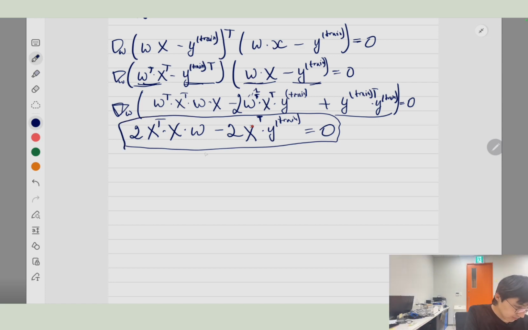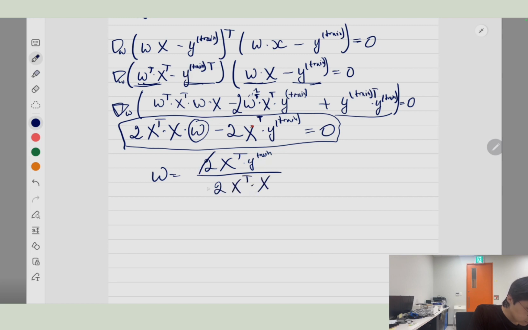So from here, we need to find this weight. So weight will be equal to what? It will be 2 x transpose y train divided by 2 x transpose x. The 2 and 2 will cancel, and I can say weight is equal to x transpose x inverse times x transpose y train.